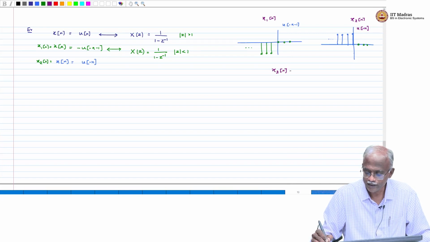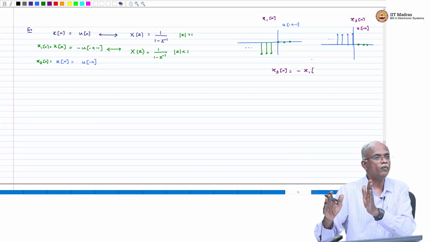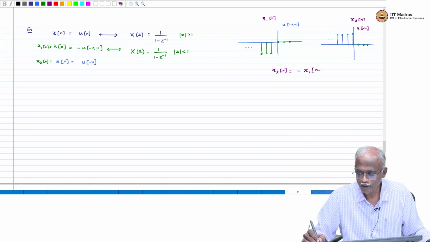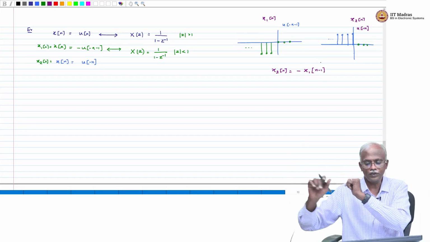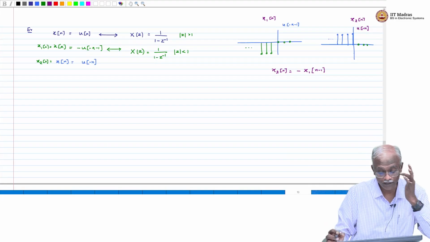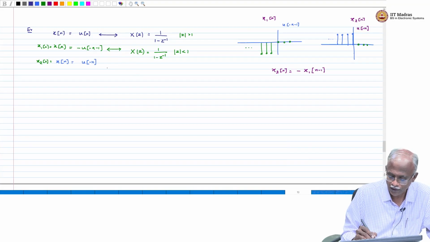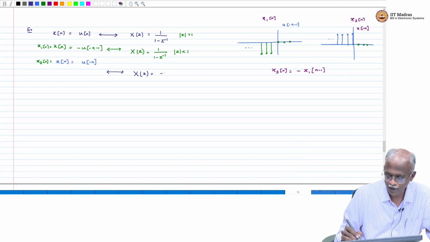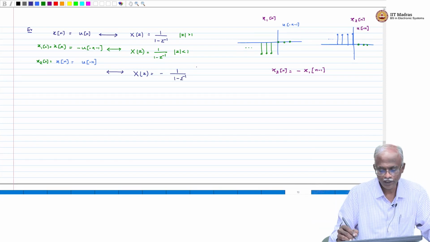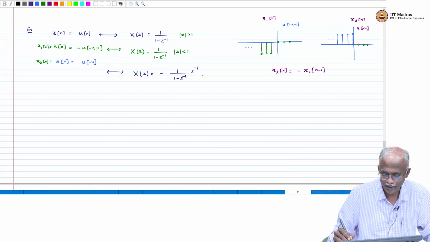x2 of n is equal to minus x1 delayed by 1 unit of time, right? So shifted to the right by 1 unit of time, and with a negative sign. Once you get this relationship, then you can say that for this particular sequence, the X of z from the previous line will be minus 1 over 1 minus z inverse, but it is shifted to the right, so it will be multiplied by z inverse.